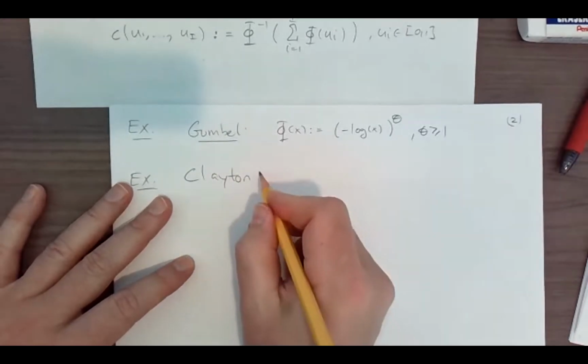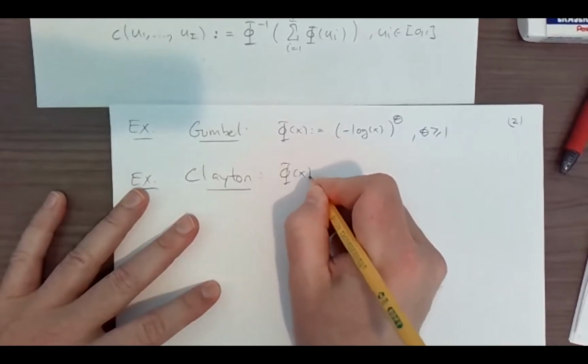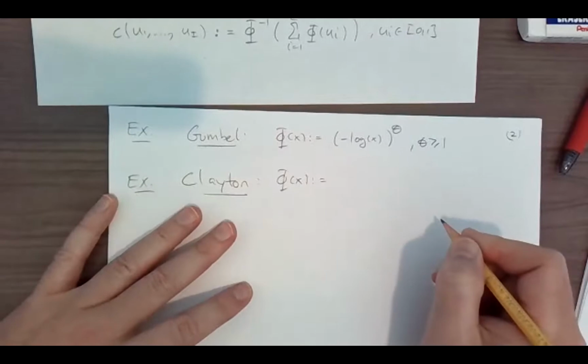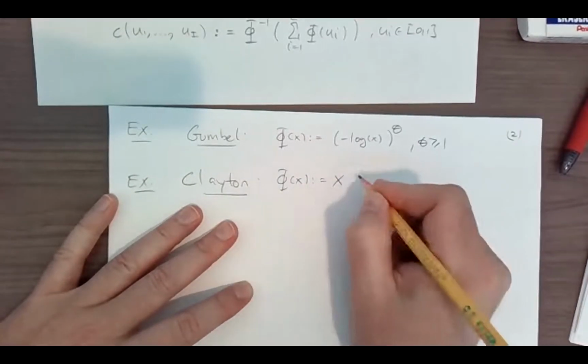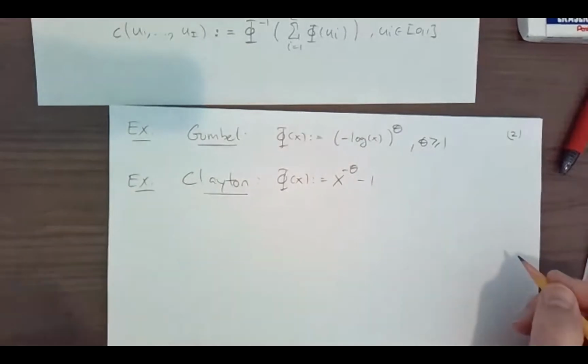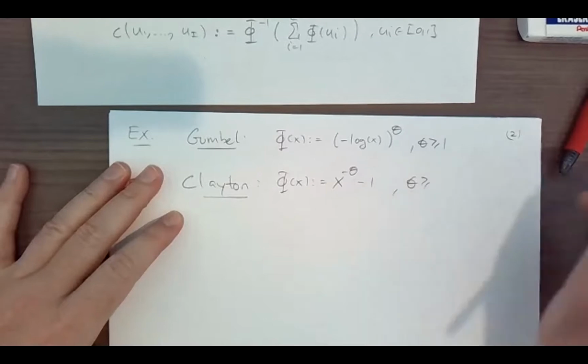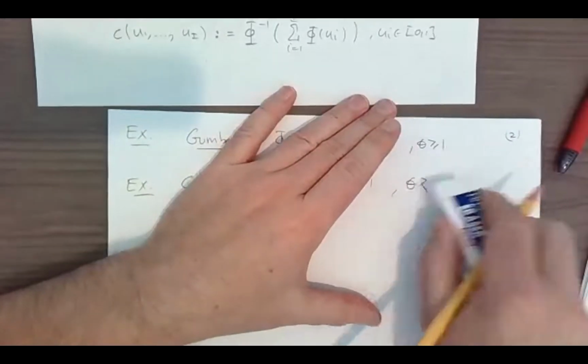He takes phi of x to be x to the minus theta, minus 1. I think this one here is taken to be bigger than 0.